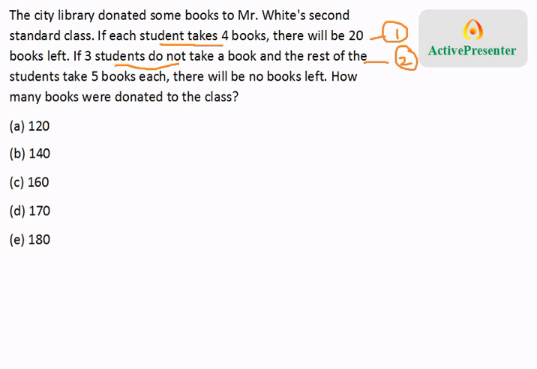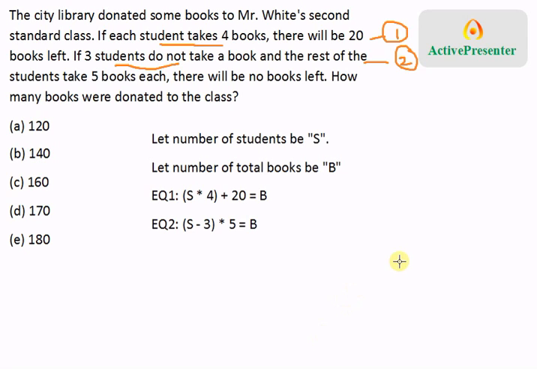I will explain each approach. So let's go to the first approach, which is formulating equations for the 2 given conditions. This is approach number 1, where we use algebraic equations to find the answer.